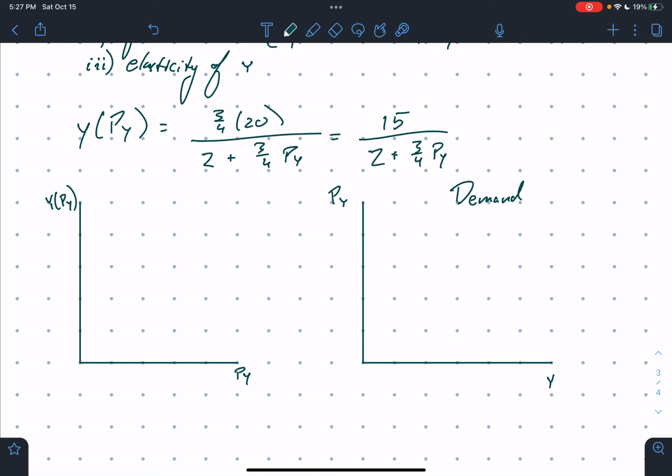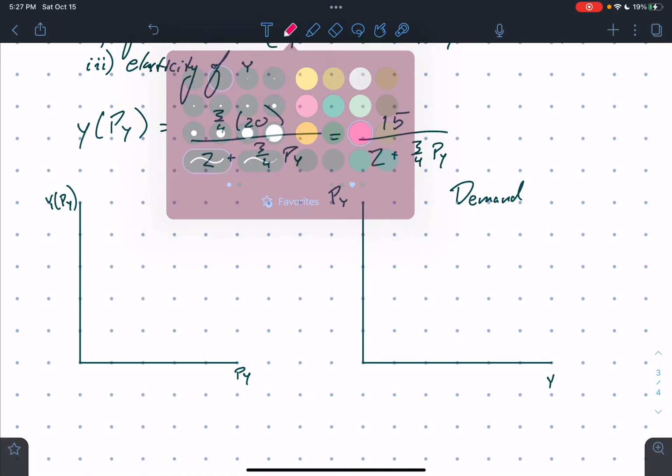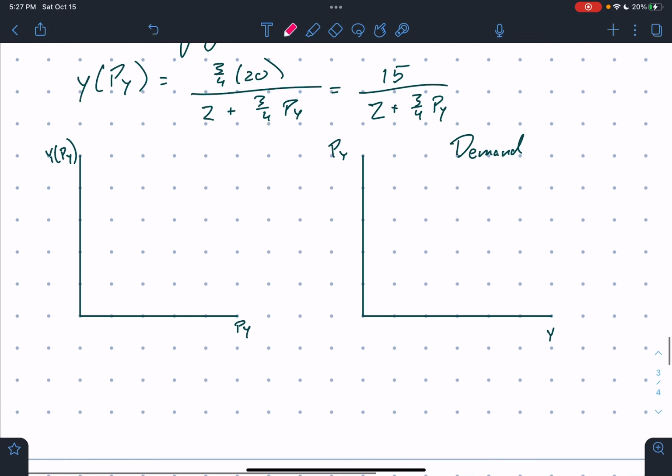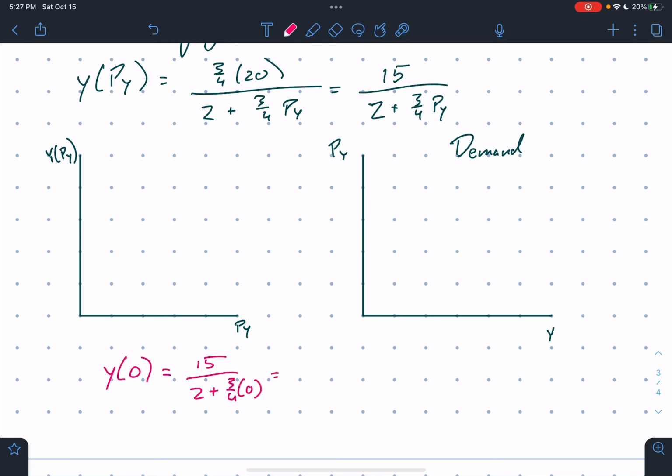So what we see is, if we look at this function, when py is equal to 0, this is going to be 15 over 2. So I just want to do some math here. y of 0 is 15 over 2 plus 3/4 times 0, which is equal to 15 over 2.